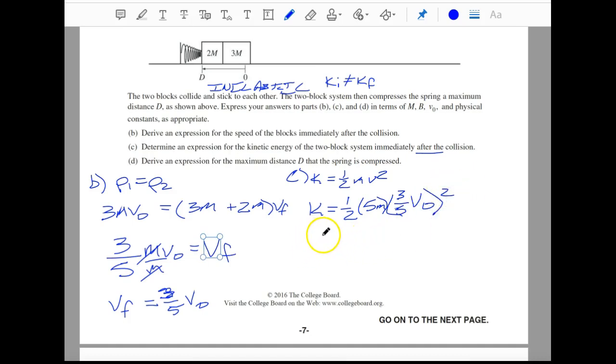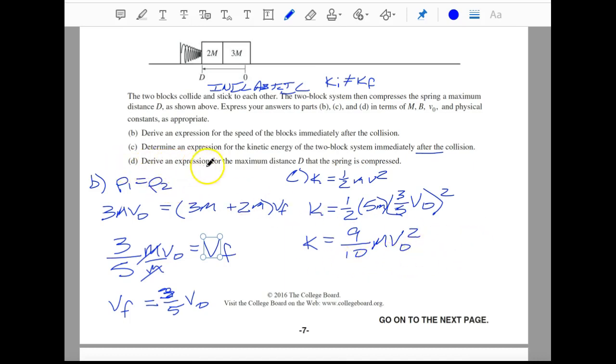Then we multiply everything through, and you end up with K is equal to 9/10 m v0 squared. So that is your kinetic energy.